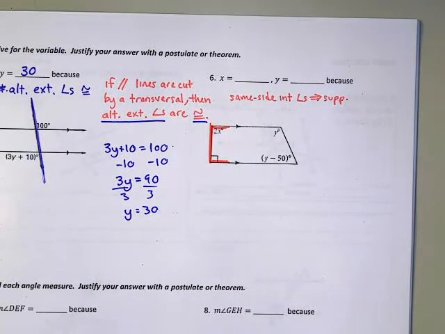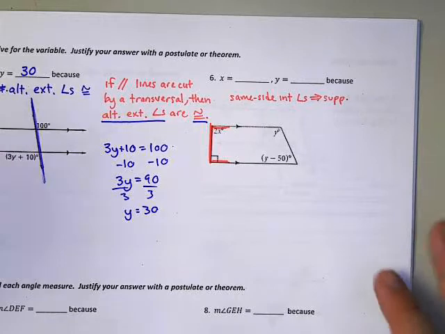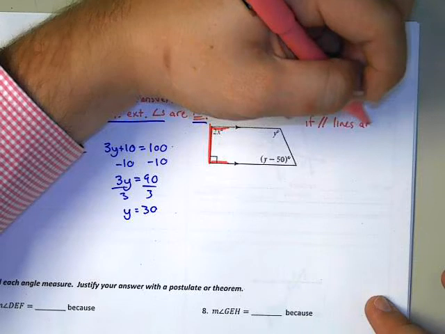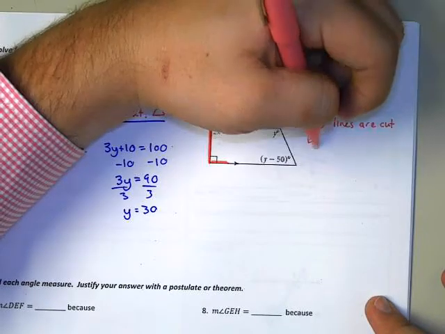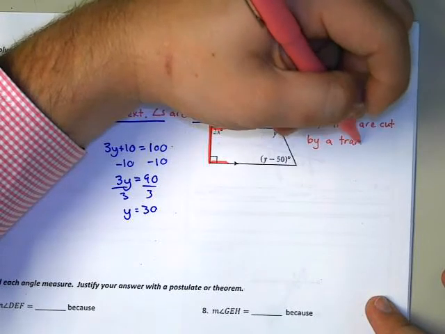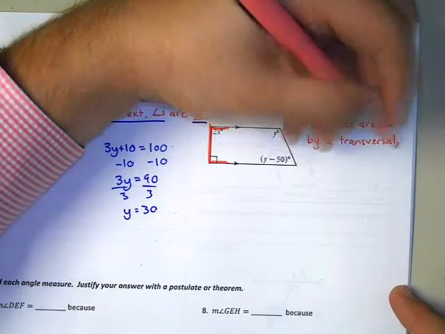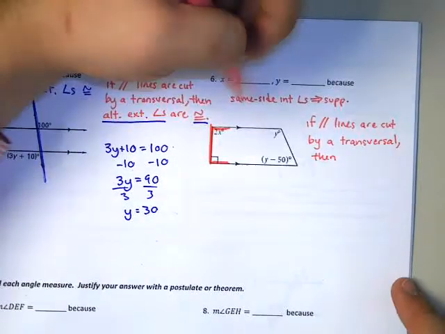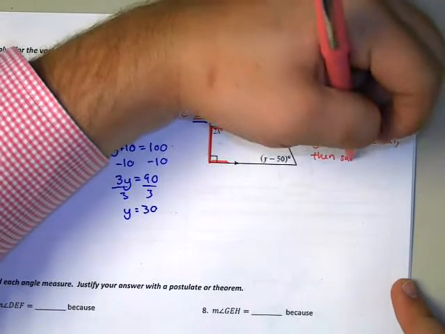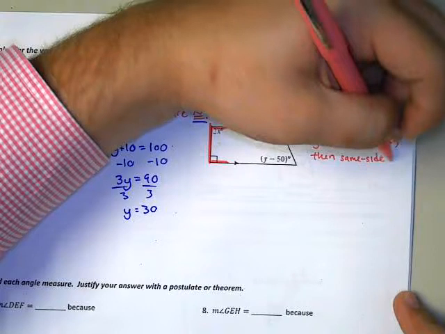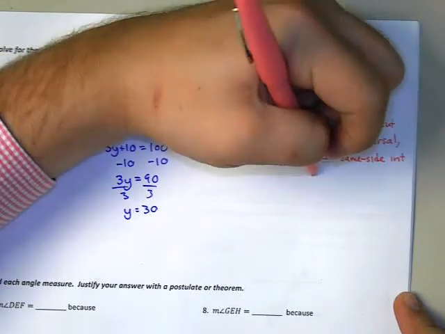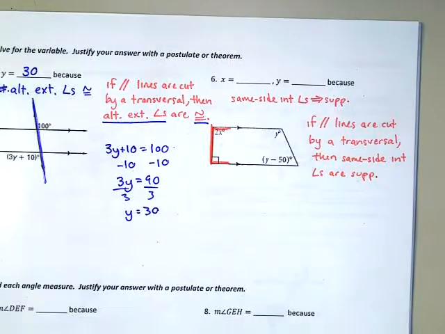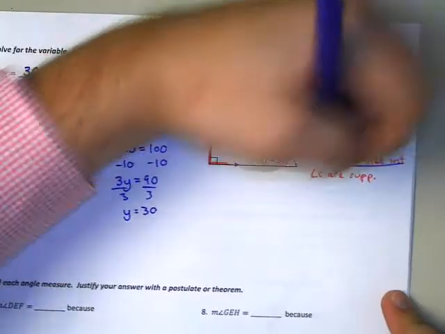So, if I were to write an explanation for that, I would say if parallel lines are cut by a transversal, that's the part that's going to stay the same every time, then, well, now I would plug in whatever angle pair, so same side interior angles are supplementary. Okay, and again, this is what changes.